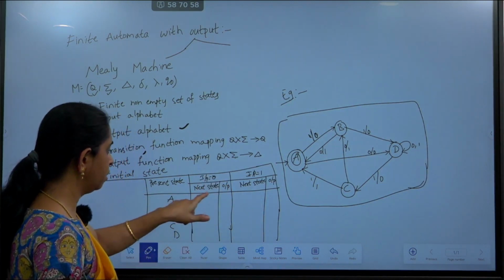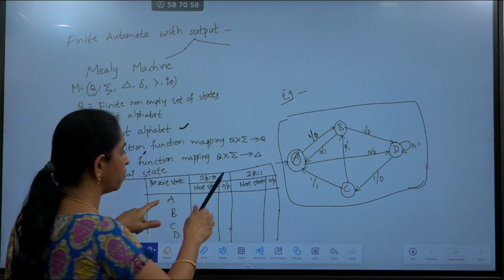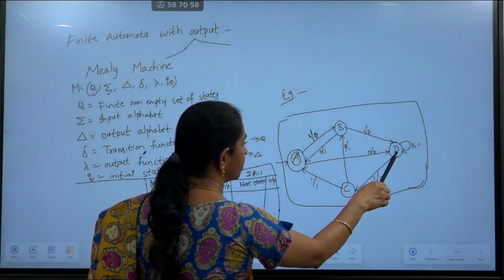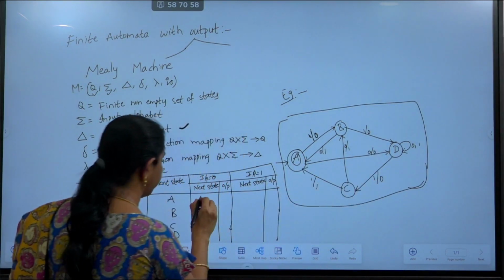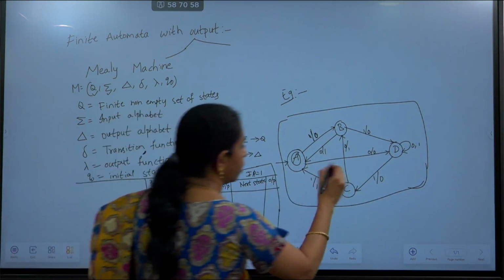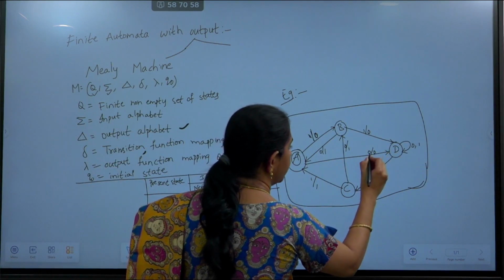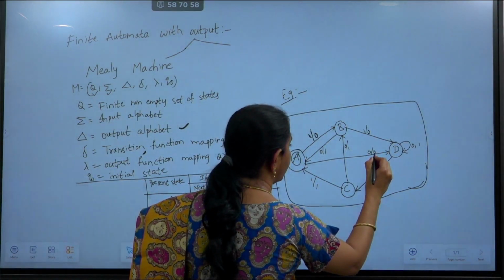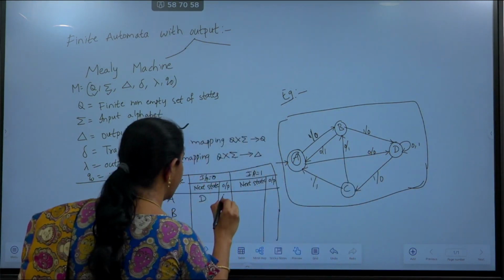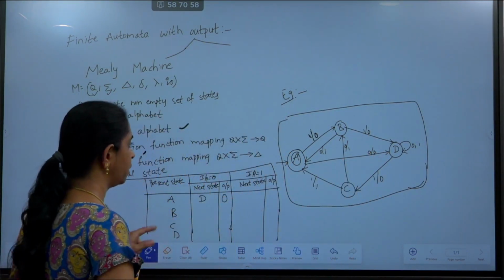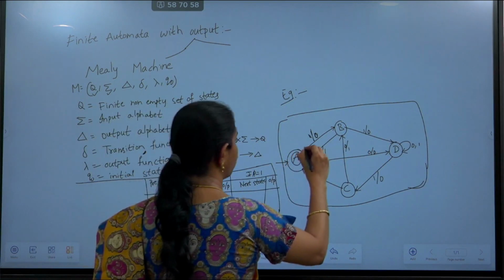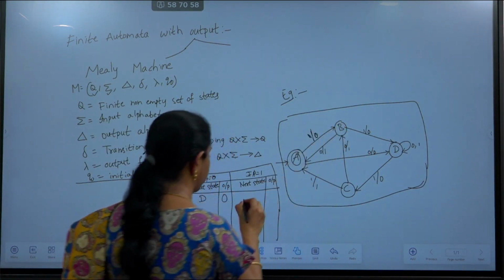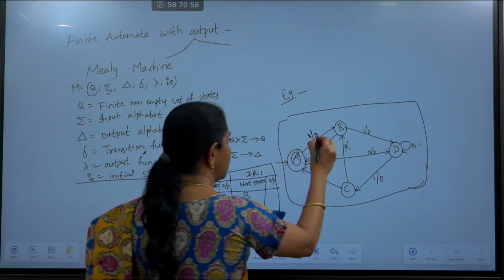A on input 0, the next state is D. Beside the input is the output, right? The output is 0. Next, A on input 1, the next state is B, and the output is 0 here.